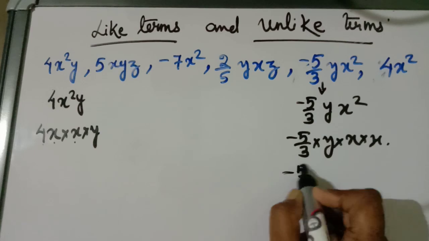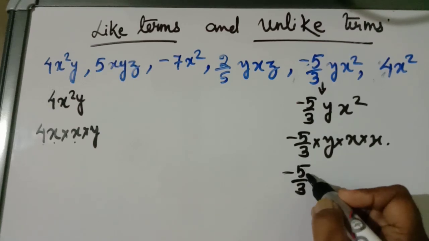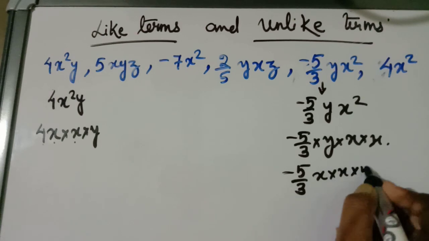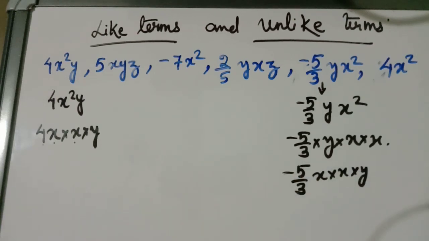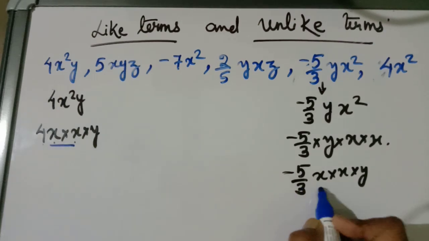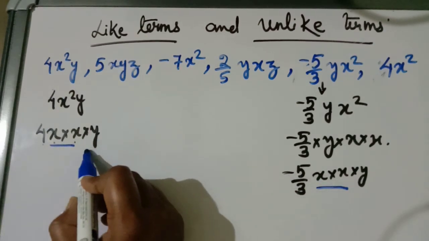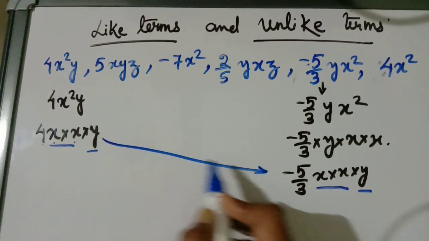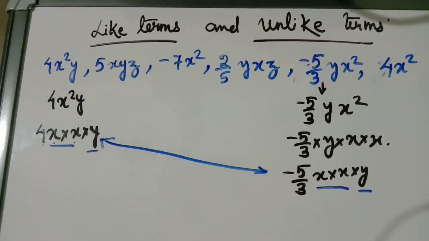So, if I write it like this, minus 5 by 3 into x into x into y. Now you can see here there is 2x, there is also 2x, there is 1y, there is also 1y. That means these two are like terms.